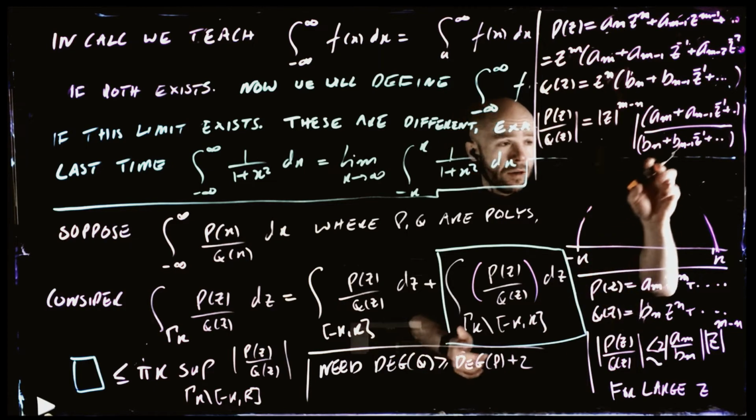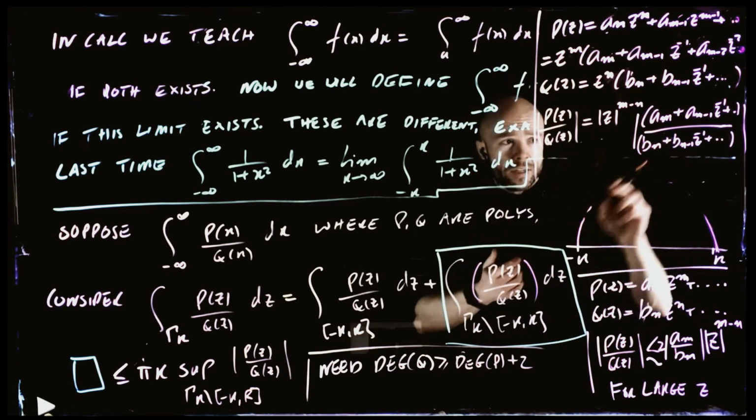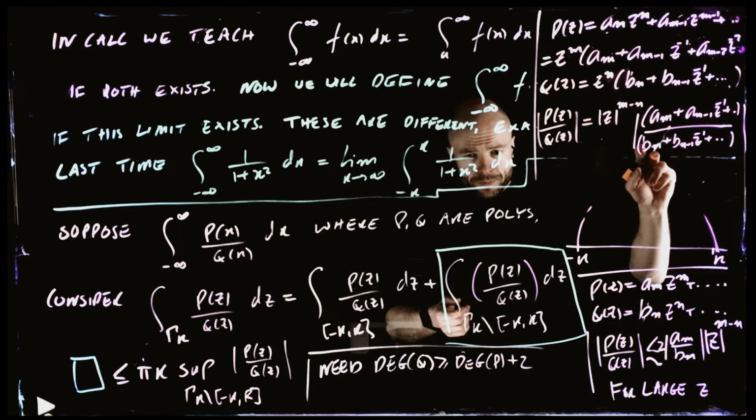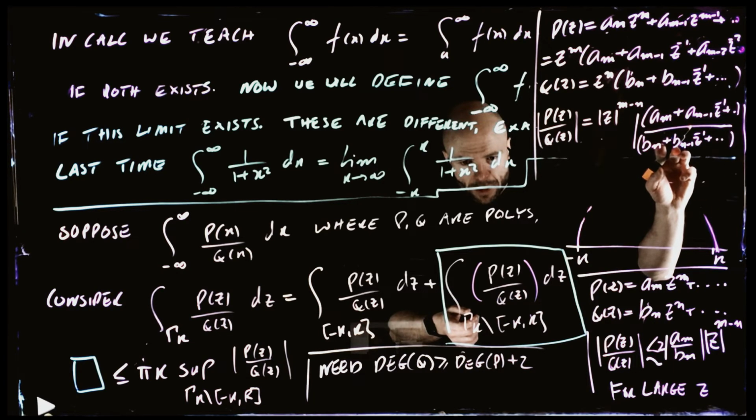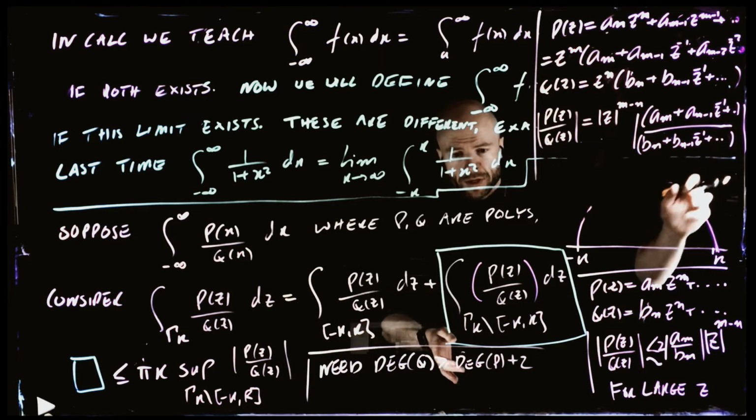Okay. And we can also guarantee that this bottom part is at least half of this term, because all the other coefficients get arbitrarily small. It doesn't matter what this bn minus 1 is and all the other terms.